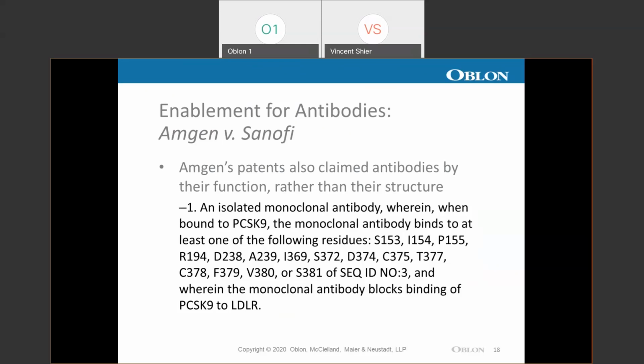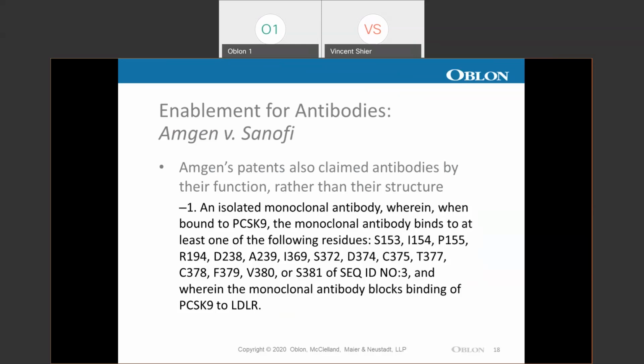Sanofi contends that Amgen must limit its claims to specific species within the genus. Amgen, however, contends that it may claim a broad genus of antibodies without having to identify every one. On August 28 of this past year, the District Court of Delaware granted Sanofi's motion for summary judgment as a matter of law for lack of enablement.